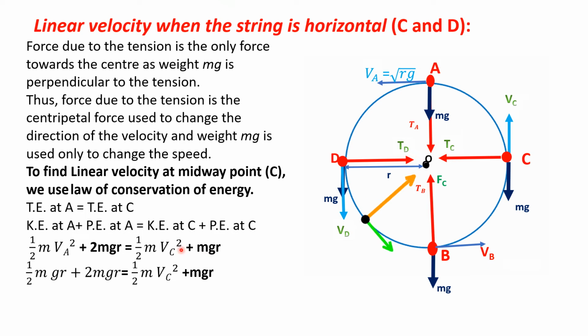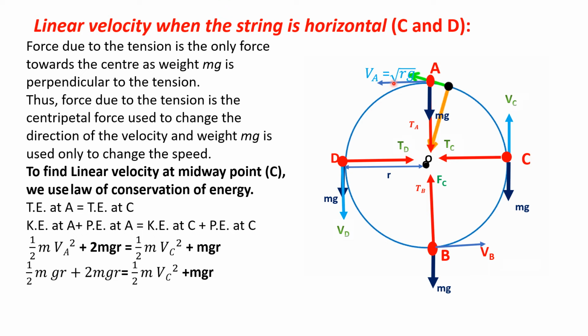Now rearranging the terms, we get half m Va squared plus 2mgr is equal to half m Vc squared plus mgr. Here we have substituted the value of Va, the velocity at the highest point A, which is always equal to square root of rg.